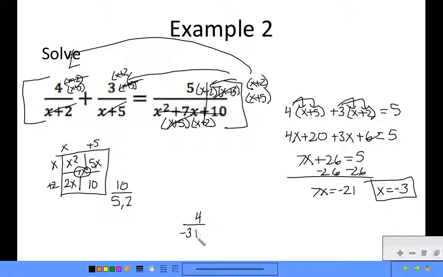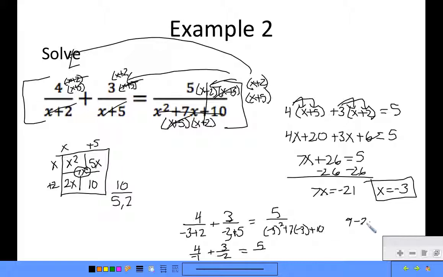4 over negative 3 plus 2 plus 3 over negative 3 plus 5. Does that equal 5 over negative 3 squared plus 7 times negative 3 plus 10? So let's see. This would be 4 over negative 1 plus 3 over negative 2. Does that equal 5 over, what do we have, 9 minus 21 plus 10?